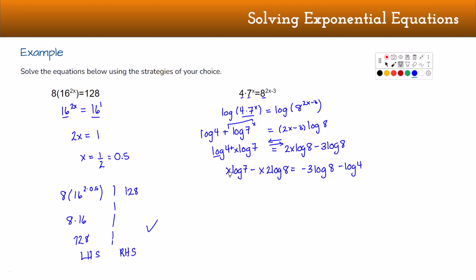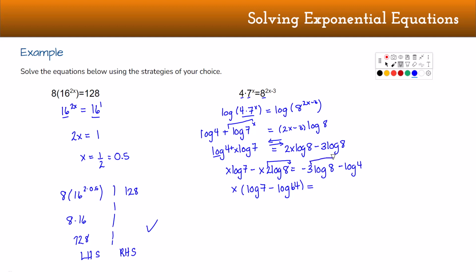Well, that leaves me on this side with x outside of log 7 minus 2 log 8, but we can put that 2 up here, and 8 squared then would be log of 64. And then on this side, I can do the same thing with the 3 if you wish.